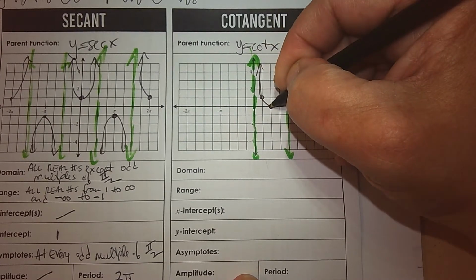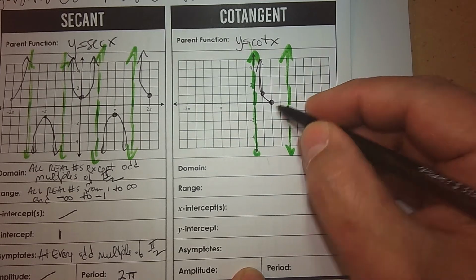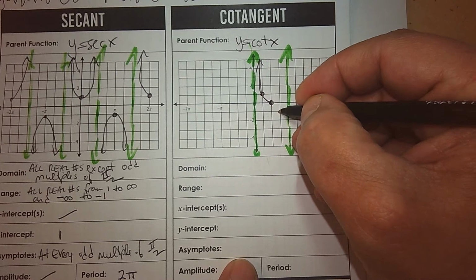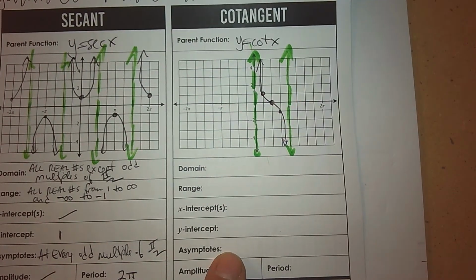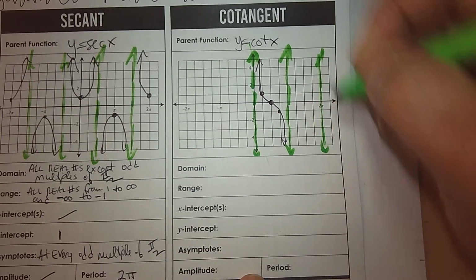So it goes up to the left. In between the point of inflection and the next asymptote, we find negative 1. And we curve down. And we follow that pattern over and over and over again as necessary.